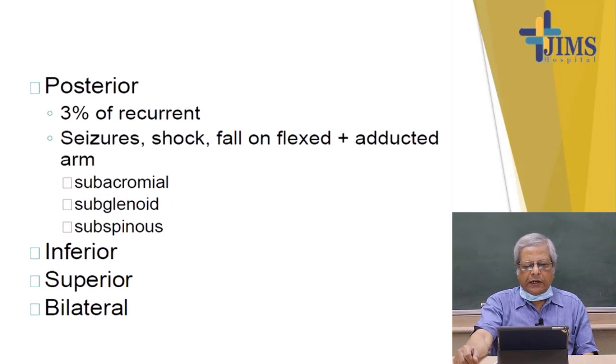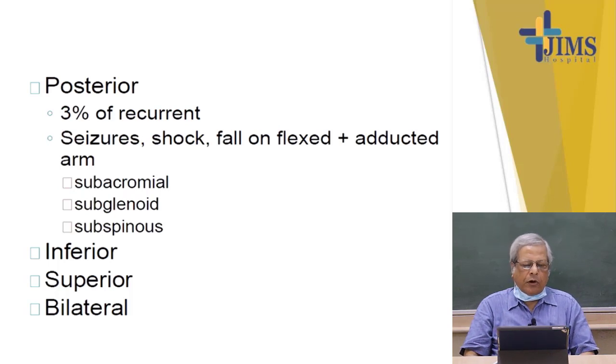There is another variety, a posterior dislocation, when the humeral head goes posteriorly. Though it is said to be 3% of recurrent dislocations, maybe the real incidence might be much less. This is commonly associated with seizures as we see in grand mal epilepsy, or following an electric shock, or a fall on a flexed and adducted arm.